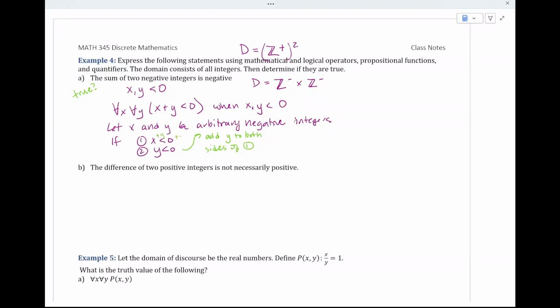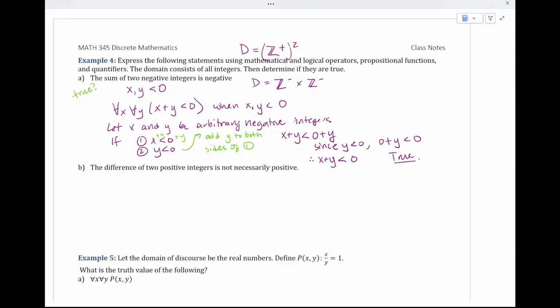So that leads us to x plus y is less than 0 plus y. And since y is less than 0, 0 plus y is less than 0. So I can rewrite this as x plus y is less than 0. I'll write my little therefore. So this statement is true.